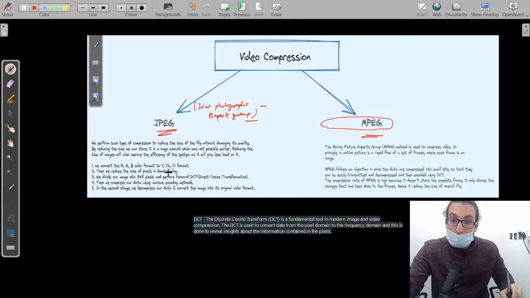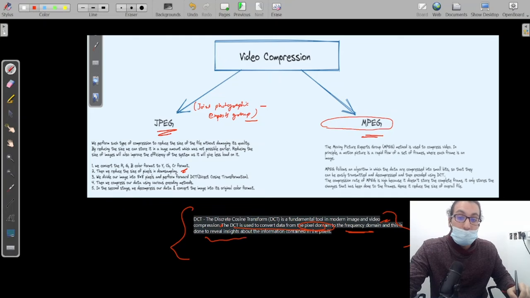And then we reduce the number of pixels in downsampling, and then we divide our images into 8 by 8 pixel blocks and perform DCT. So what is DCT? DCT is a fundamental tool in modern image and video compression. It is used to convert data from the pixel domain to the frequency domain.